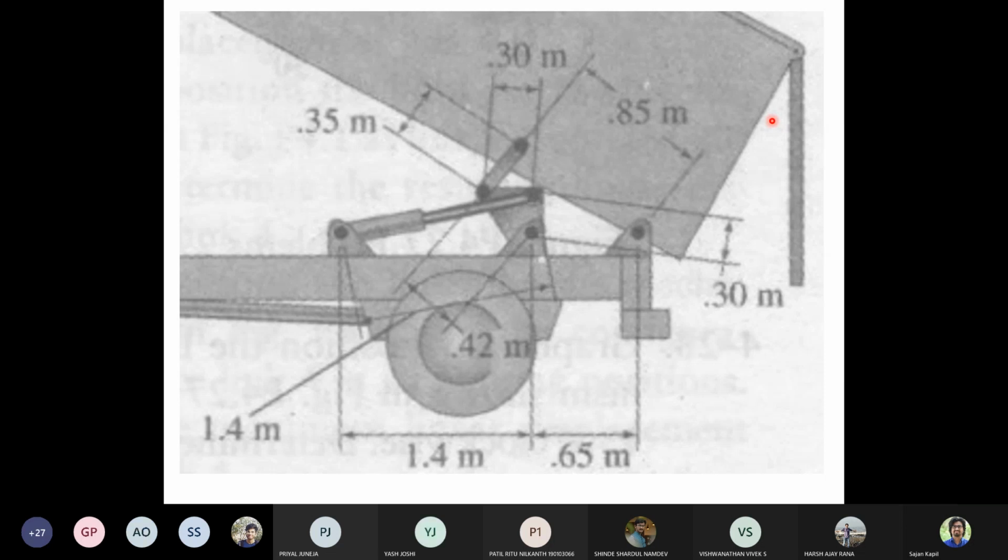Sir, is the container connected with this ternary link? No, sir. Okay.